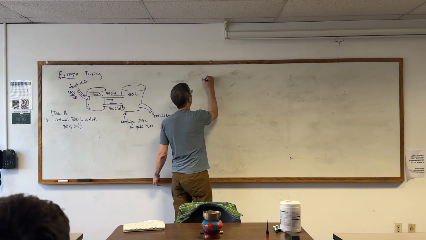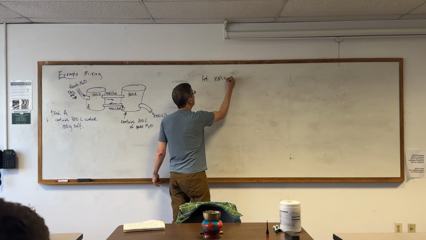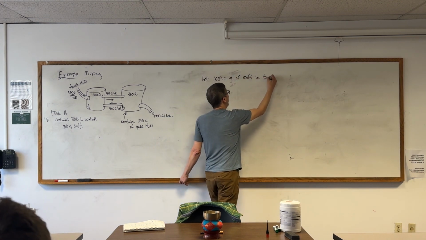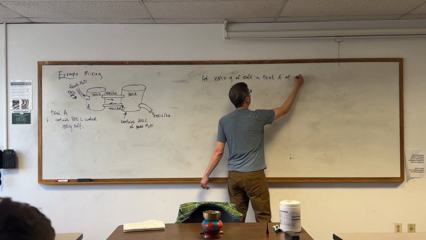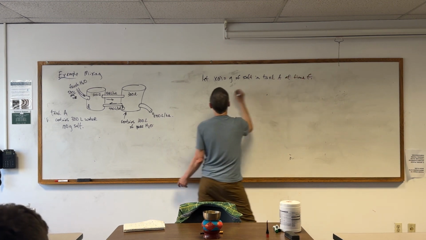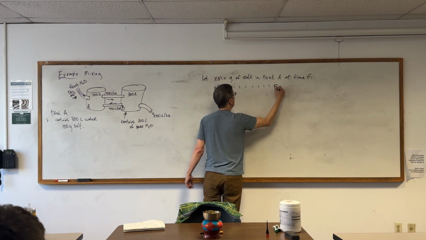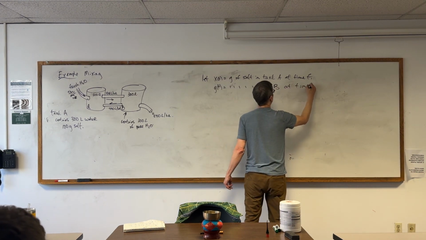So let's let x(t) equal the grams of salt in tank A at time t, and y(t) is going to equal grams of salt in tank B at time t.